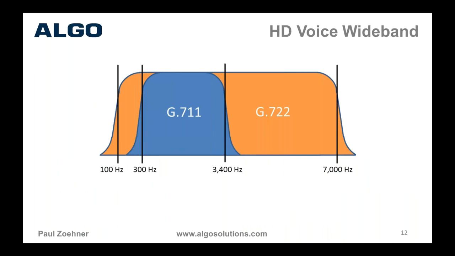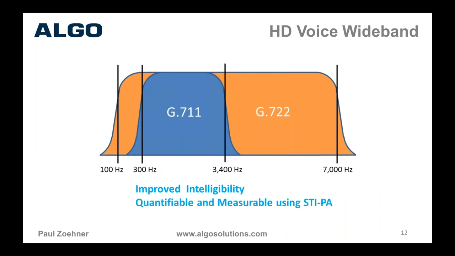Just in case it's not clear what HD voice is or what wideband is, looking at this diagram, G711 is the standard telephony that we're all used to, constrained to 300 to 3400 hertz. That's perfectly acceptable for voice.